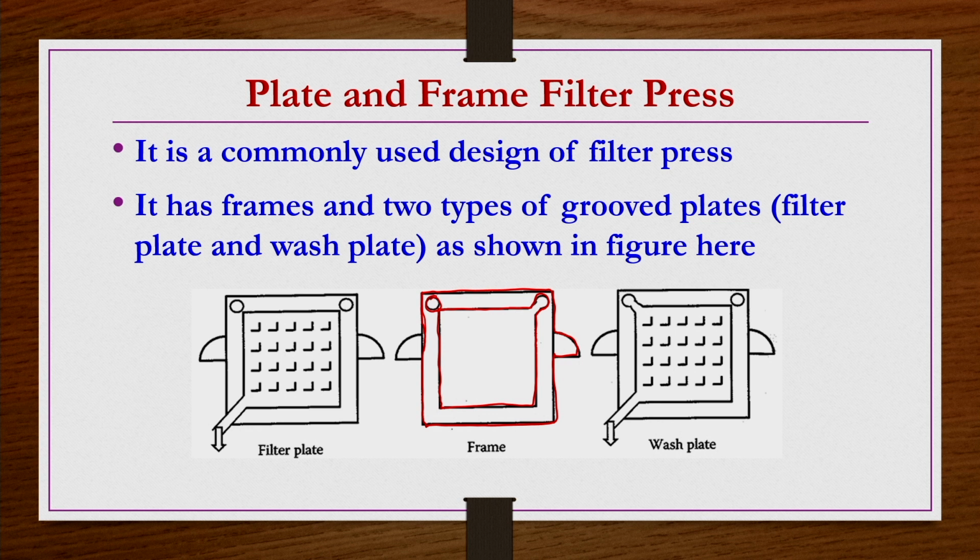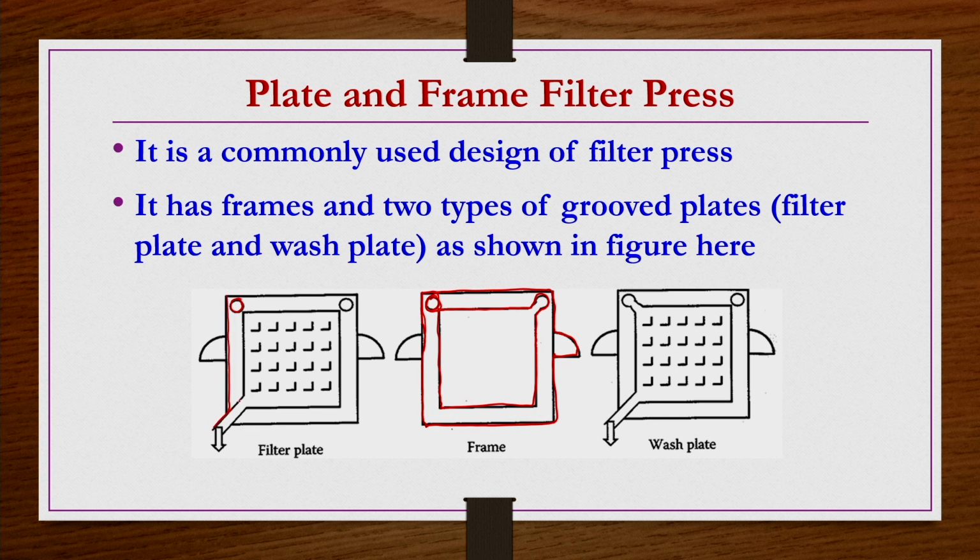These openings are provided such that on either side of the frame we have a filter plate and a wash plate, right. Then it forms one unit. Like that there are several such units, as we are going to see pictorially. When these are arranged as one unit, whatever openings are there will be available as channels for the filtrate to pass through, as we see subsequently.